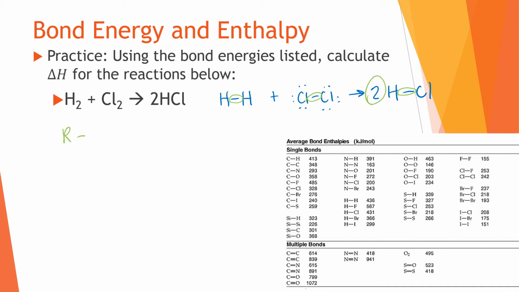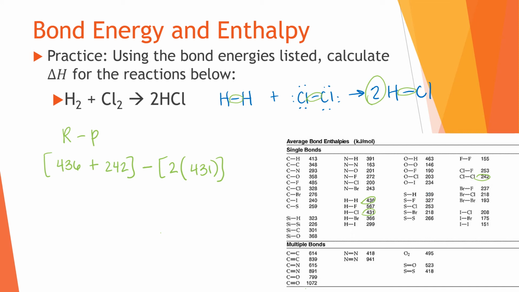Now, with bond energy, it's reactants minus products. So I'm going to do the sum of the reactants. I have one hydrogen-hydrogen bond, which is 436, plus one chlorine-chlorine bond, which is 242. Then I'm going to subtract 2 times a hydrogen-chlorine bond, which is 431.